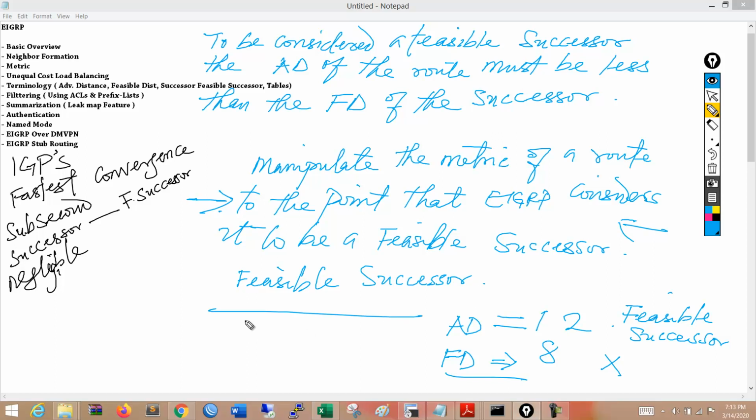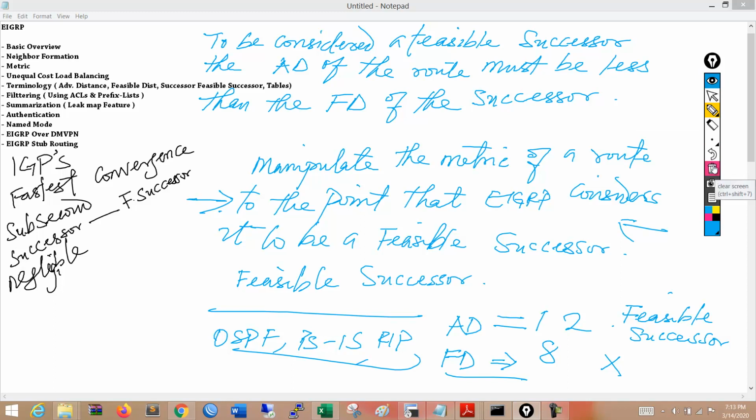This is faster than any IGP, including OSPF, ISIS, or RIP. EIGRP converges faster than any of them. Convergence means regaining state and forwarding and having a path to the default network that you are forwarding to.